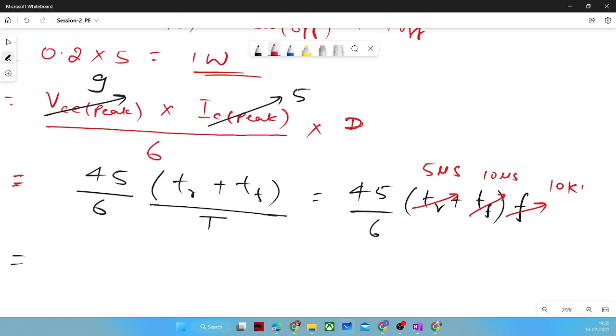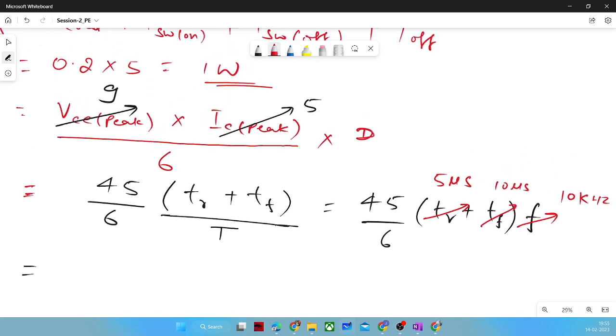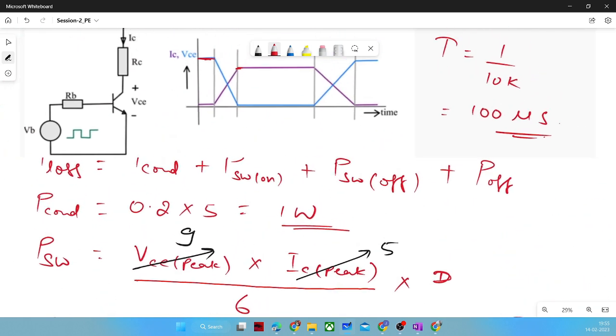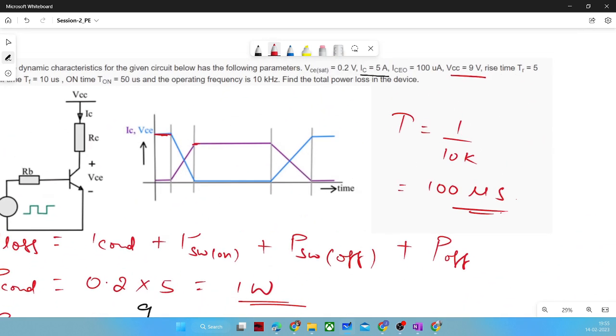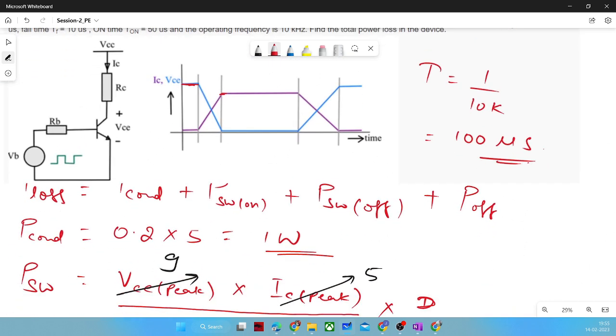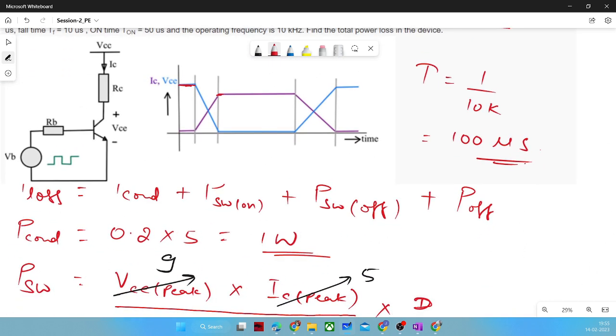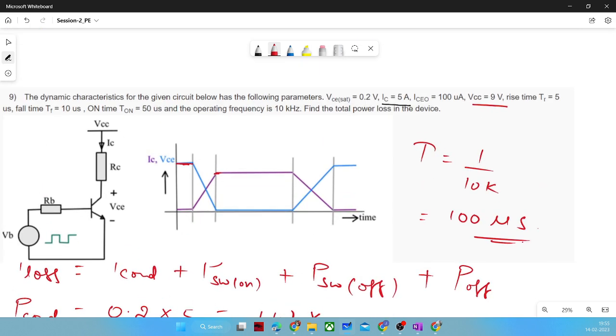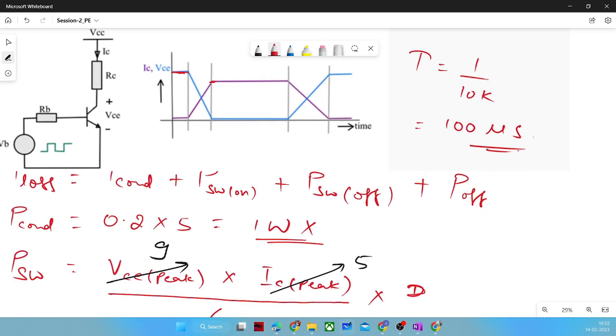So 10 kilohertz. Sir, for conduction loss also we have to consider T on and F, right? Oh, yeah. You are correct. I forgot that. Yeah, this is a really silly mistake that we need to include here. That T on time is 50 microsecond. Yeah, here D on.